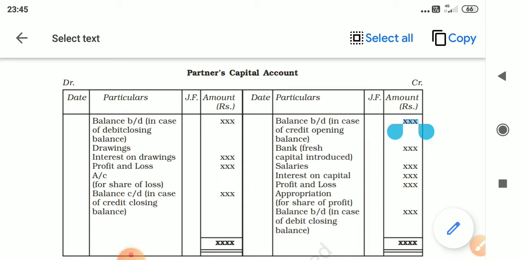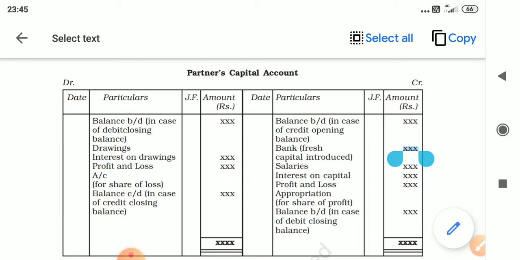Next, if the partner is bringing in additional capital, any freshly introduced capital, that will also appear on the credit side. You have to write bank and the additional capital will appear in the credit side.